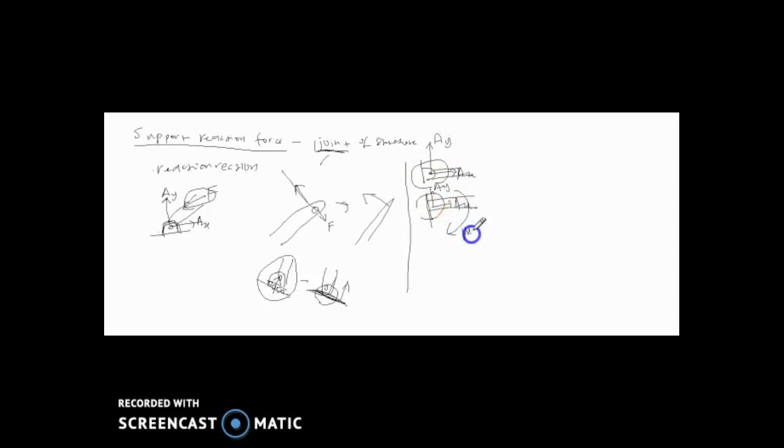So they have three reactions: force in X and Y direction and the moment. This one has no moment because it is a pin, so it's free to rotate. But this one does not have a pin, so it has a tendency to rotate. That's why it has a potential moment. That's the difference.